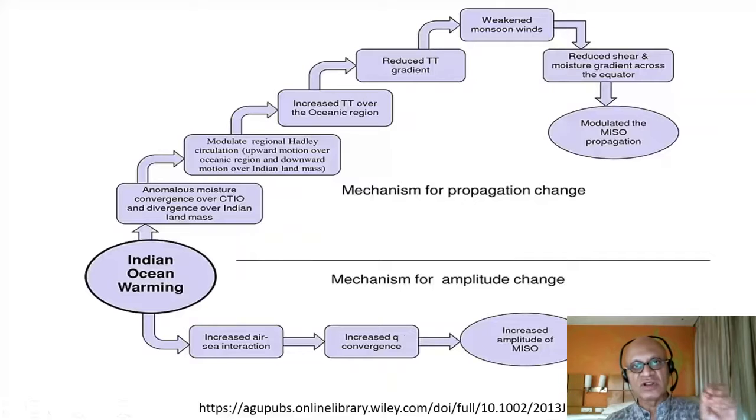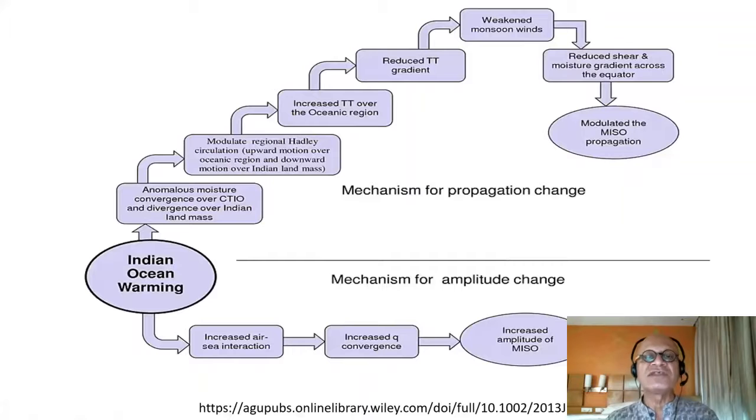They also do a model sensitivity study by prescribing the warming, and argue that these mechanisms are confirmed by the model in terms of changes in propagation speed and amplitude change. So on the propagation change, anomalous moisture convergence over the central tropical Indian Ocean and divergence over the Indian landmass. So that explains the reduced rainfall as well.